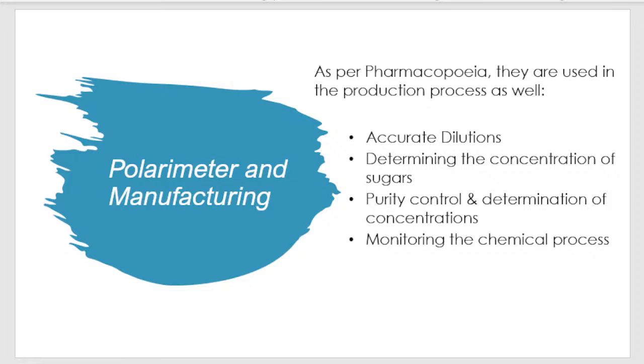The pharmacopoeia would give you a very detailed step-by-step of what to do, how to do it, and what instruments to use. So polarimeters are not used for all products in the pharmaceutical industry. Each product has a specific list of instruments that will be used according to the pharmacopoeia.